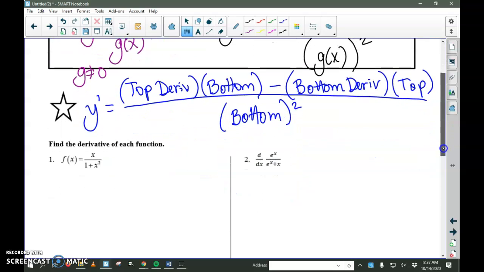If you know these rules and you can stick to these rules, you will be great. You just have to know these rules, okay?